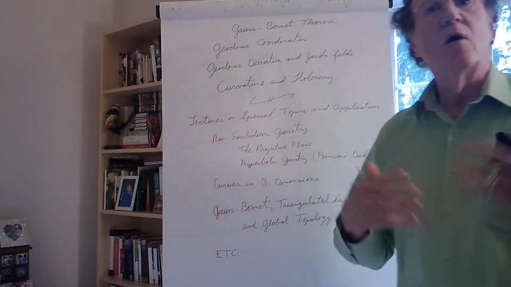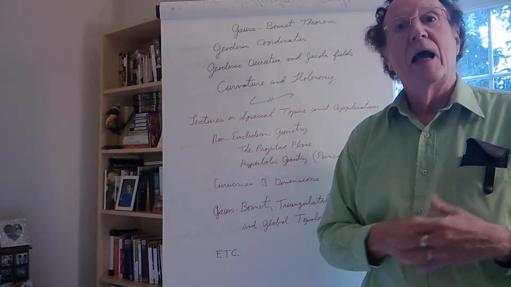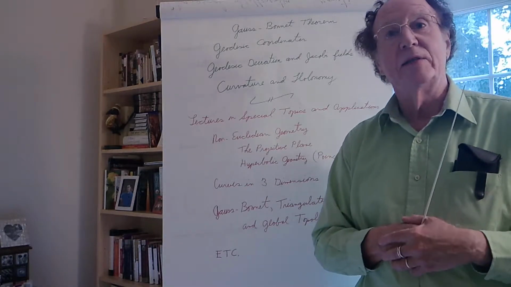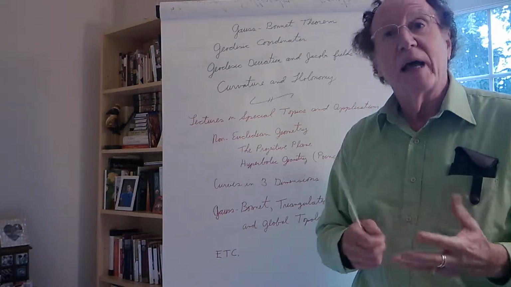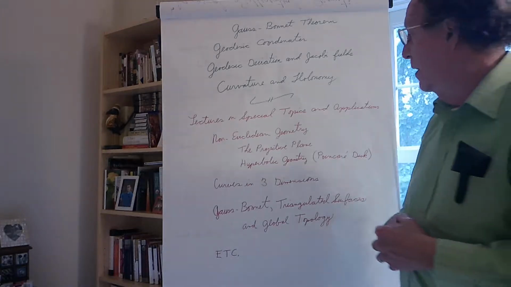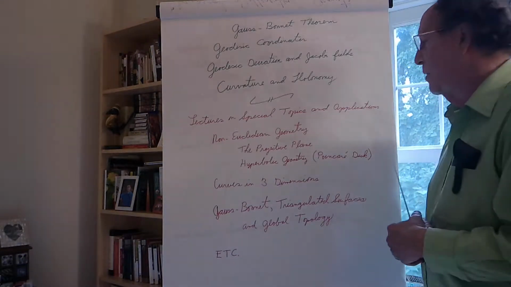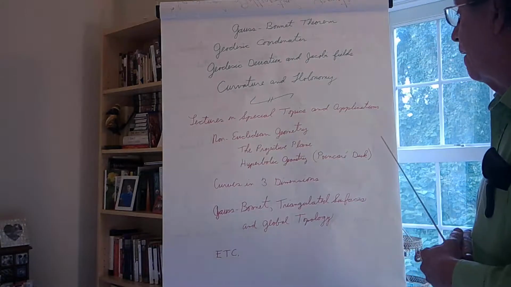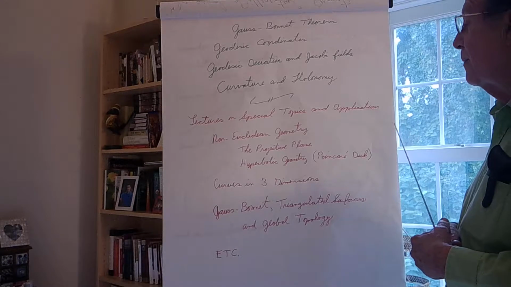In that case, we'll go back again to classical differential geometry and discuss the Poincaré disk model and the upper half plane model of hyperbolic geometry, the geometry that underlies the work of the originators of hyperbolic geometry. So that'll be quite interesting.